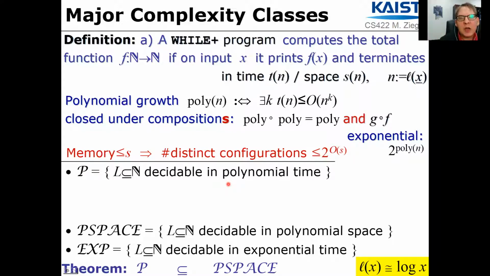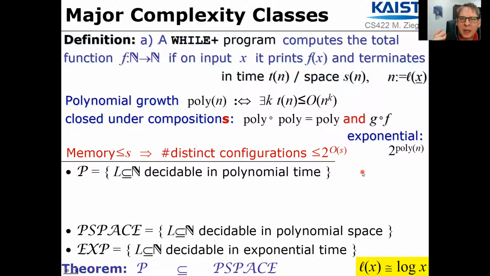And the same argument now shows that when such a program has at most S memory cells, the number of distinct configurations can be at most exponential in this, where the big O depends on K, the number of variables.